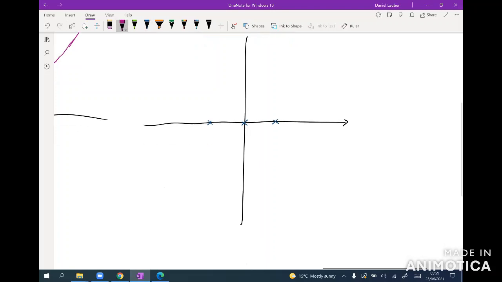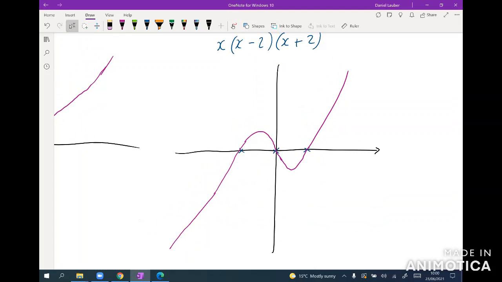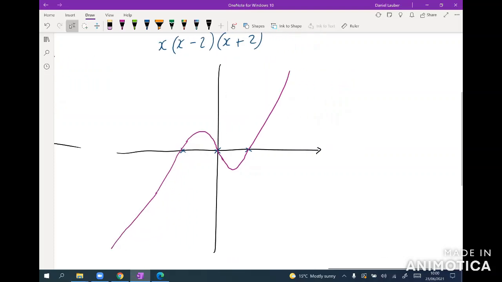There's no repeated roots, so it just has to come up from down here, go through, turn around, go back down, and then come up. Now, we'll see why. Just trust me at the moment that being able to sketch these is very, very helpful. You'll see why very shortly, but just make sure you get some practice at this.